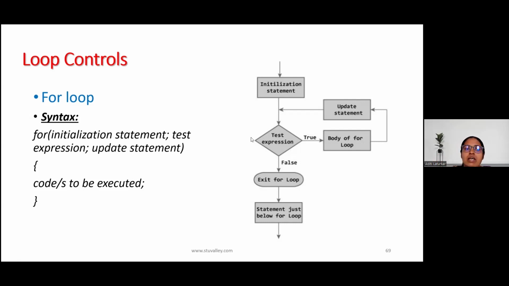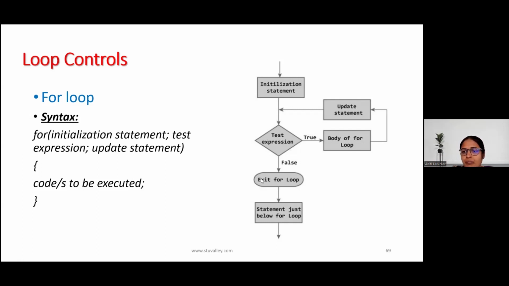Multiple times always depends on the test expression. We use the test expression to check on the basis of which condition you want to execute that loop, and till what time.